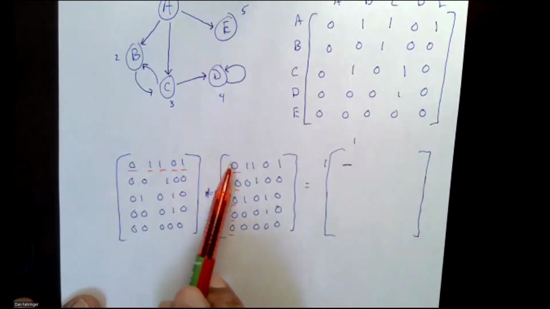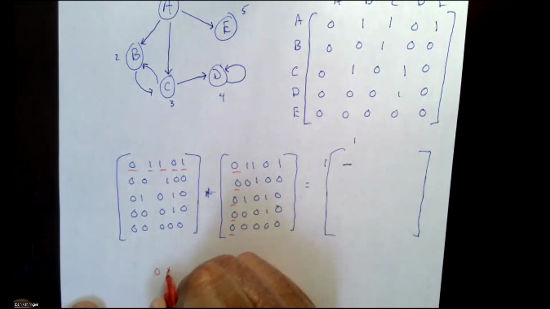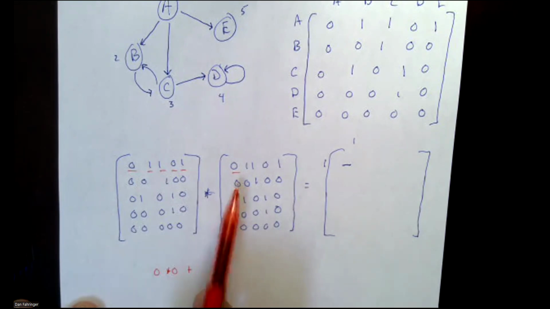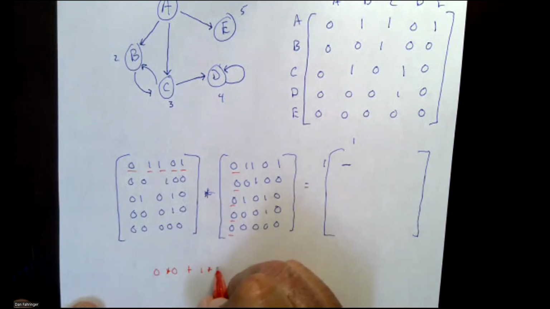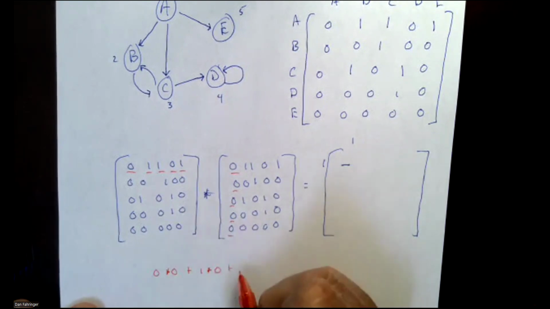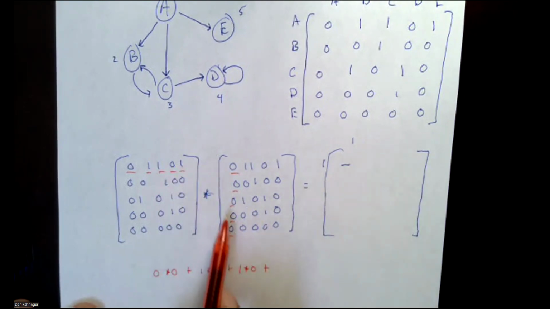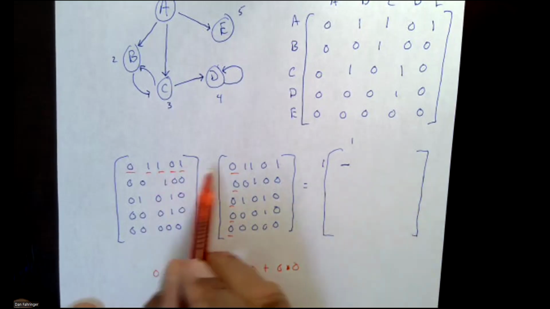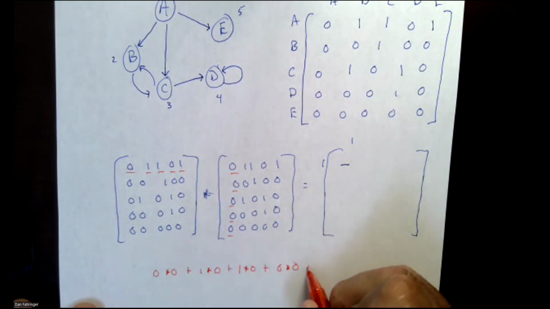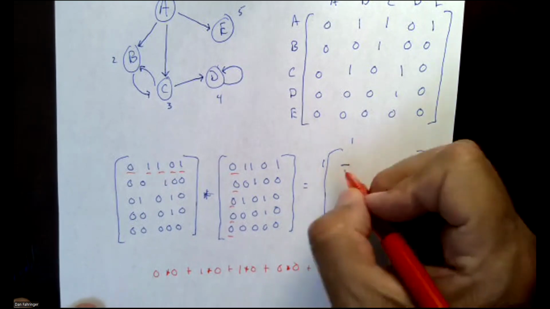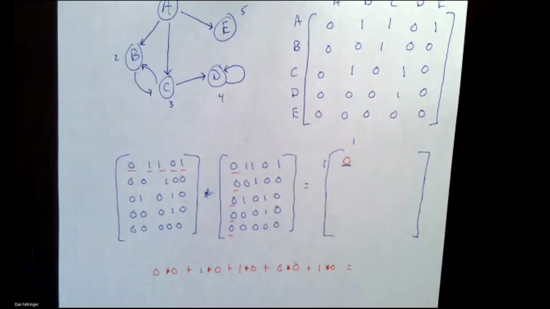So I'm going to go 0 times 0 plus, now the second item, 1 times 0 plus, the third times the third, 1 times 0, plus the fourth times the fourth, 0 times 0, and the fifth times the fifth, 1 times 0. And as you can see, if I add all these up, I end up with a 0.